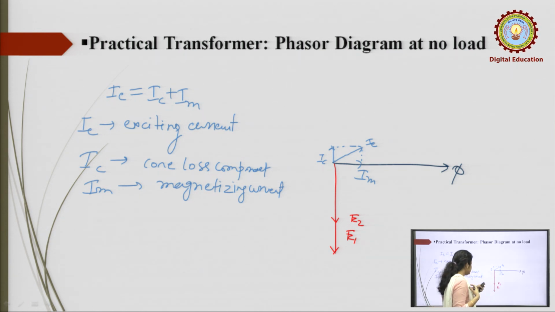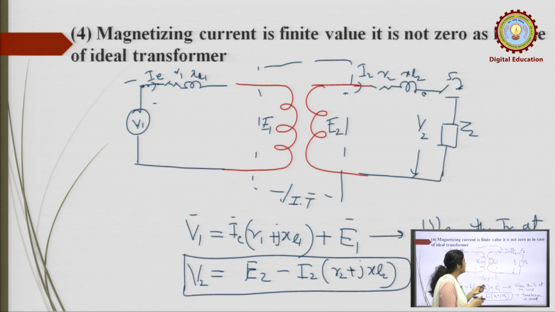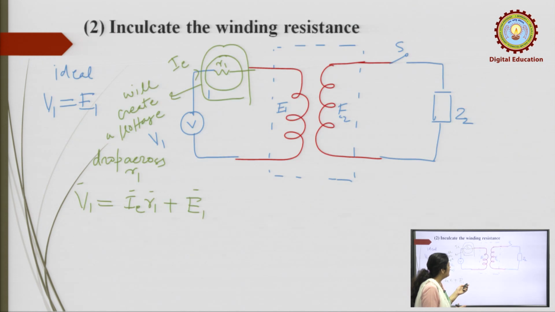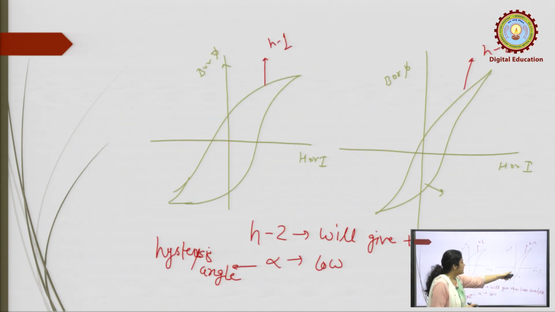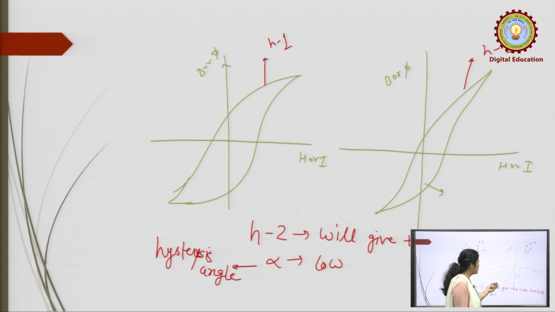Now, this Ic can be reduced by using a material which has a narrower hysteresis loop. If the BH curve is like this, less than this BH curve comparatively, this material has lower hysteresis loss or core loss, you can say.